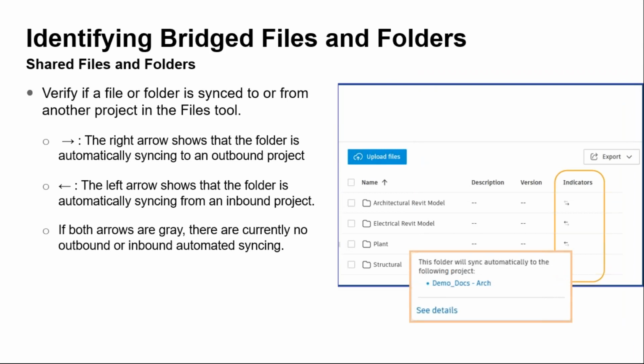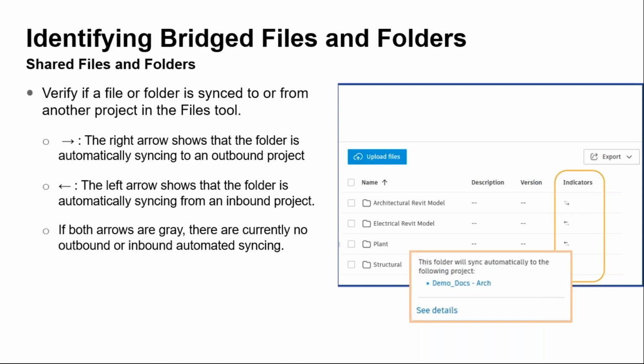Once a bridge is established, the indicator column denotes if a file or folder is synced to or from another project. The indicator column shows left and right arrows indicating the direction of the sync. A bold right arrow shows that the folder is automatically syncing to an outbound project, and a bold left arrow shows that the folder is automatically syncing from an inbound project.